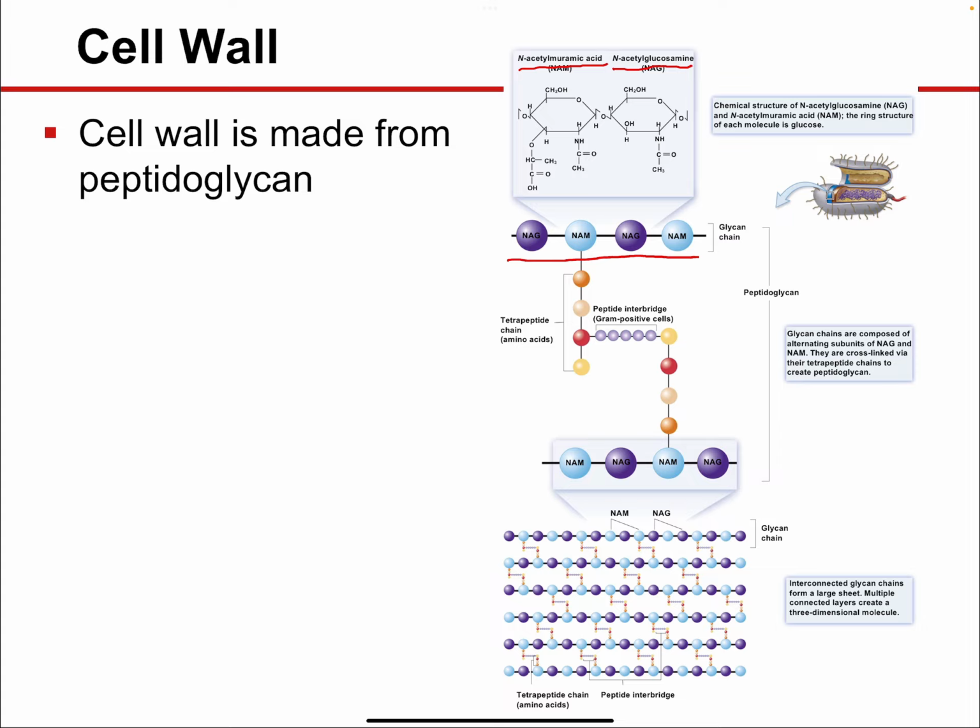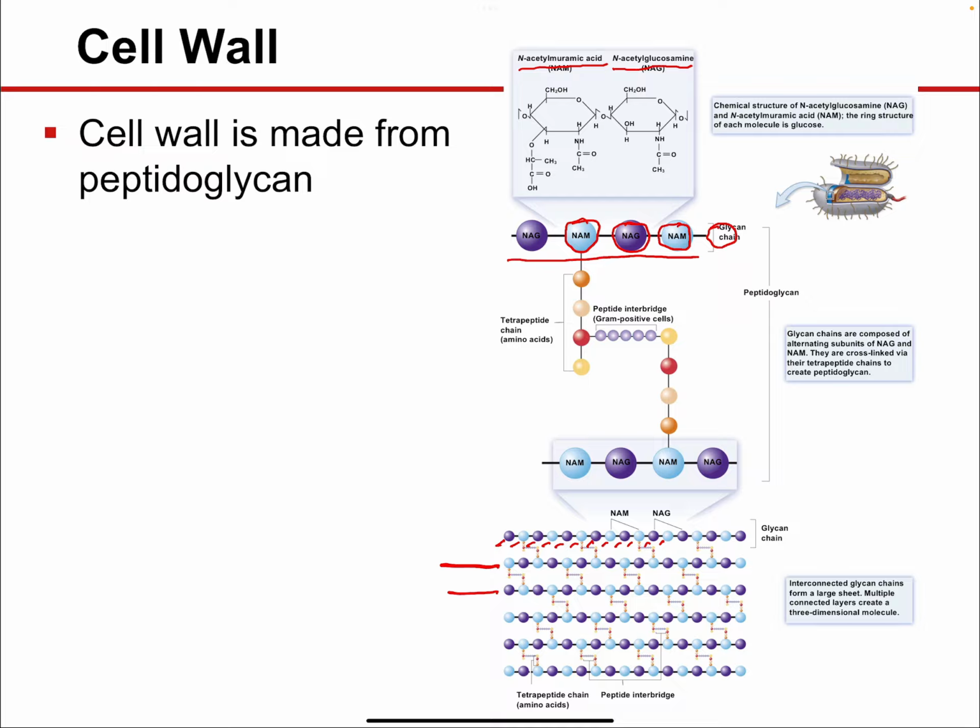So we have NAM attached to NAG. Then you're going to have another NAM, then another NAG, and so on and so forth. You can see here, NAG, NAM, NAG, NAM, NAG, NAM, NAG, NAM, and so on and so forth, right? So these are glycan chains, okay? This is one glycan chain. This is another glycan chain.